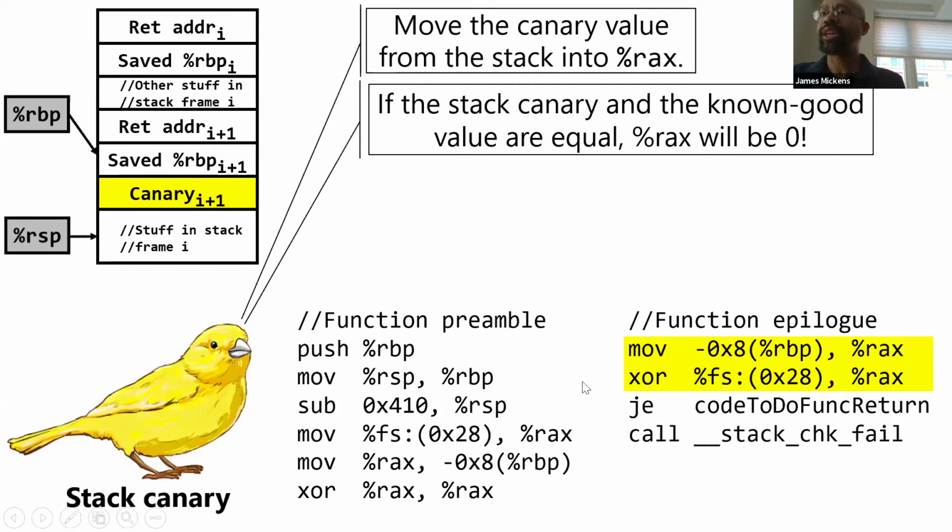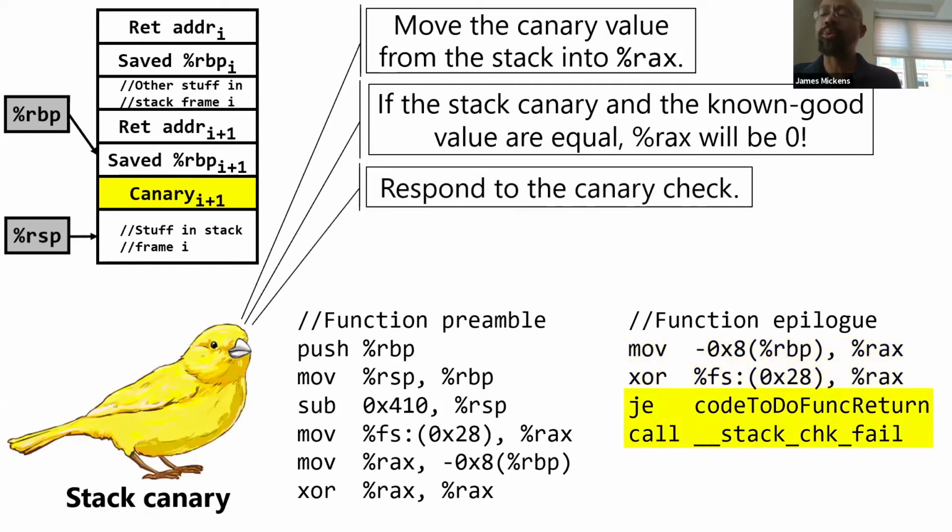Depending on what the comparison revealed, we're either going to jump to the code that does the function return if the canary was good. Otherwise, we're going to jump to some function, stack check fail, which is going to print out an error message or crash the program, something like that, because the canary was detected to be corrupted.